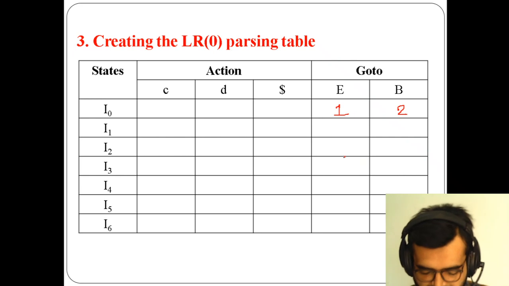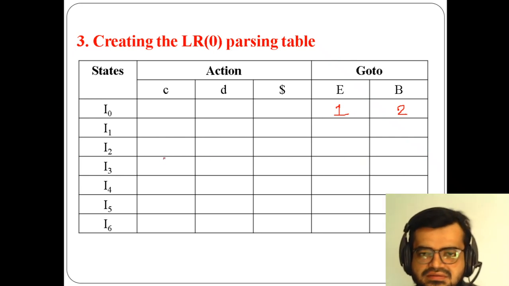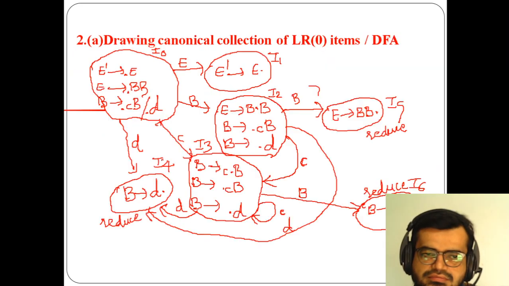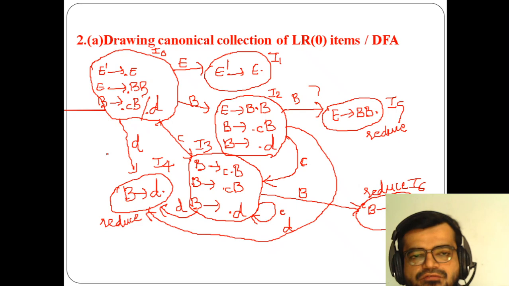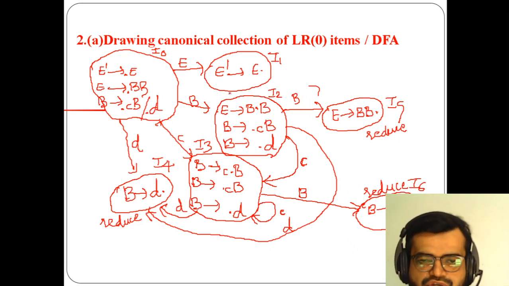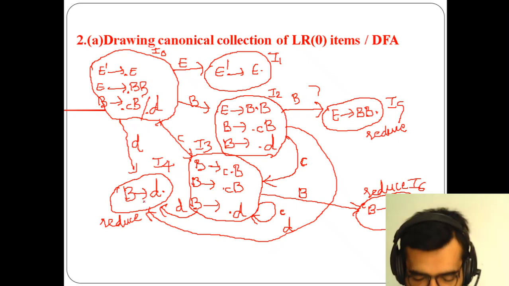Now again, from I0 it is going to I1, I2, I3, and I4, right?